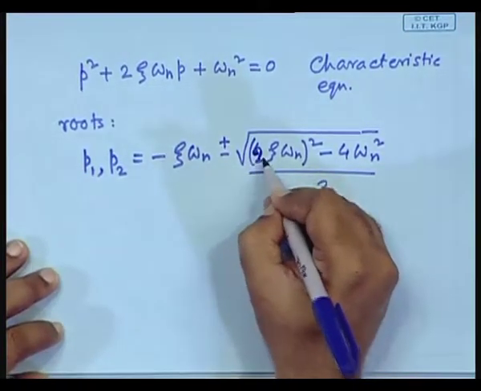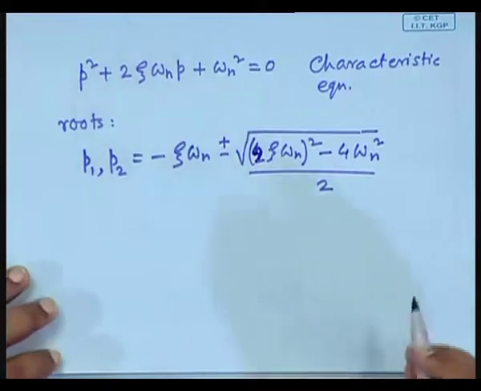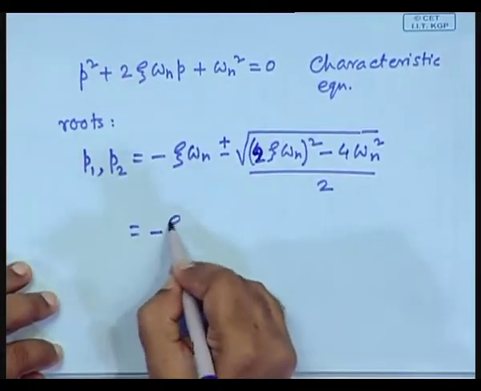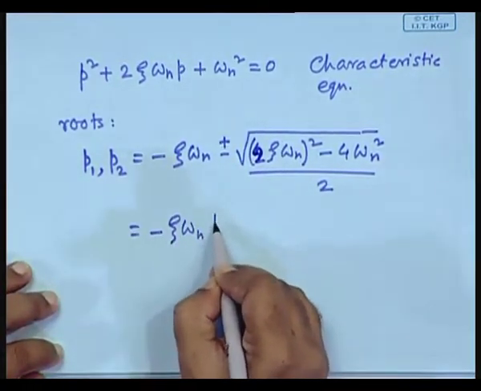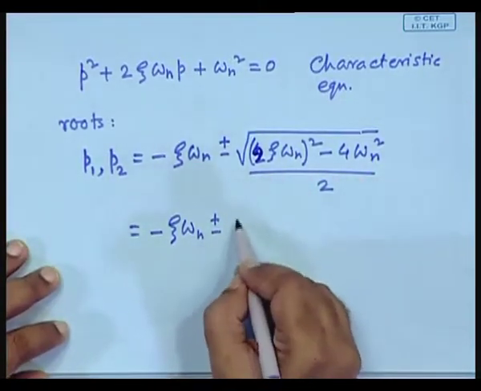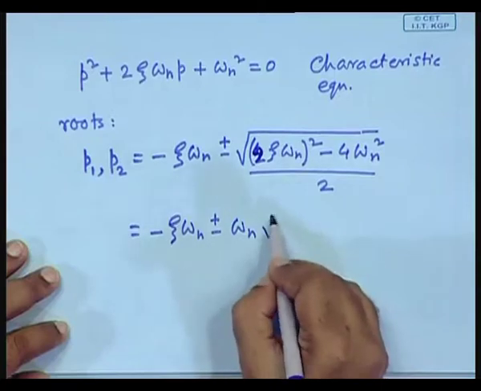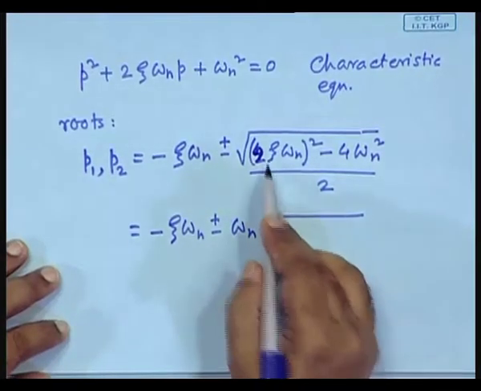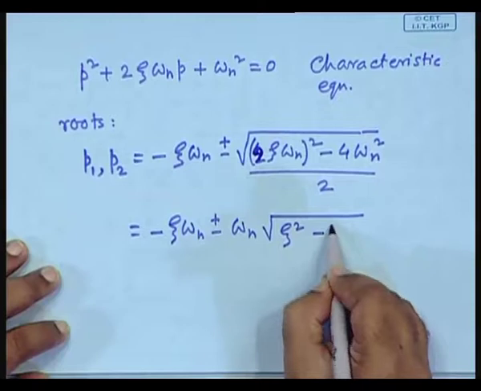Sorry, it is 2, it will ultimately be 4, yes. So, this becomes minus zeta omega n plus minus, I will now cancel the 2, you have omega n comes to the front, omega n root over zeta square minus 1.